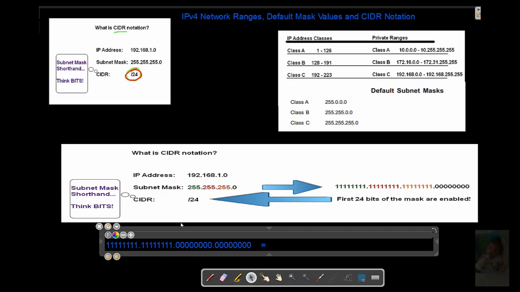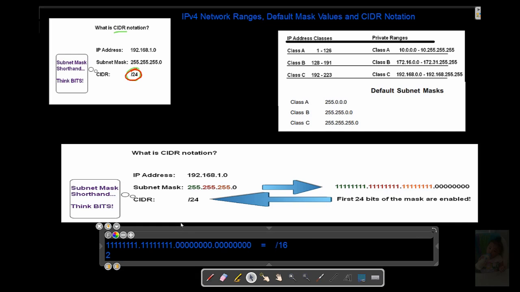What does that equal? Slash 16. The first 16 bits are on. So 255, 255, 0, 0 is a slash 16 CIDR notation. Okay? Class A, we basically just jump back up here.